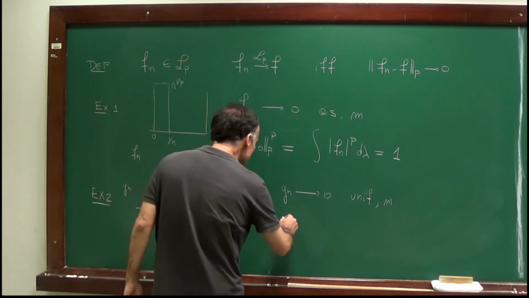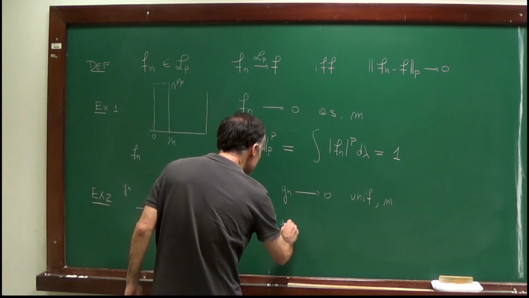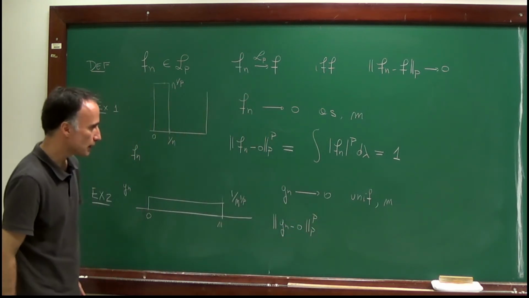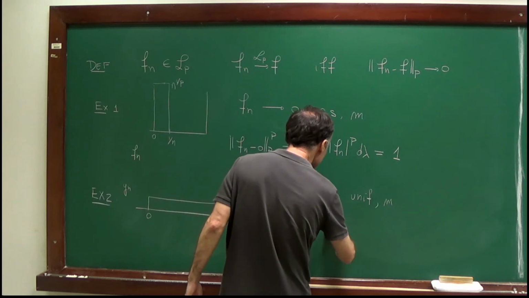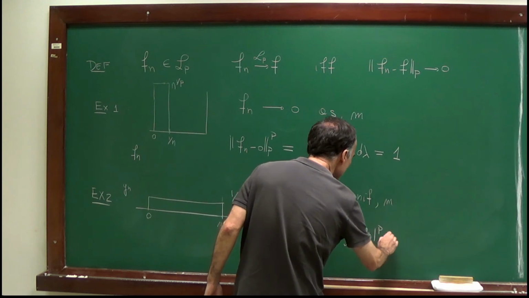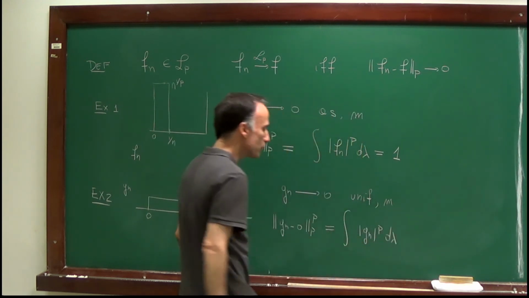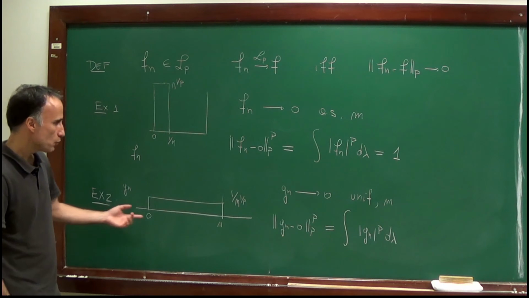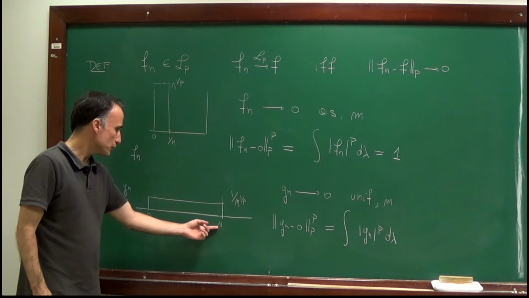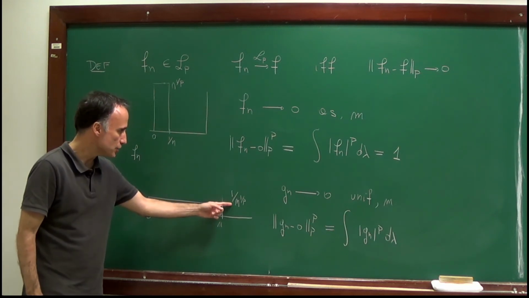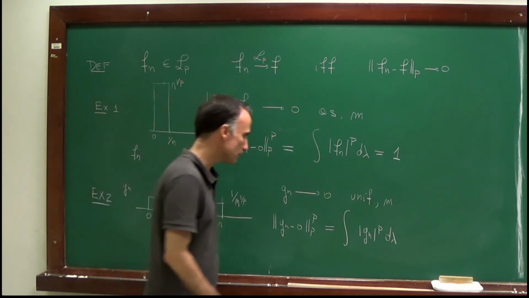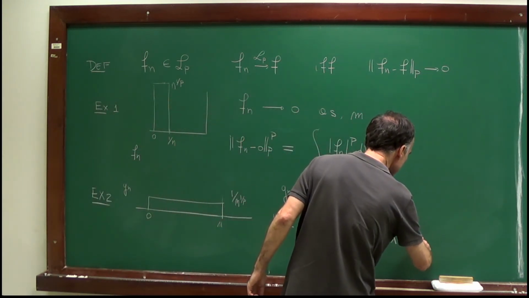While if you now again compute gn minus 0 in the norm p at power p, this is equal to the integral of gn to the power p d lambda. Here again, I'm considering the Lebesgue measure. Well, this integral is very easy to compute. You have to consider the integral from 0 to n. There, gn is constant. If you take power p of that, that will be 1 over n, and this is integrated on an interval of size n. So this is again equal to 1.